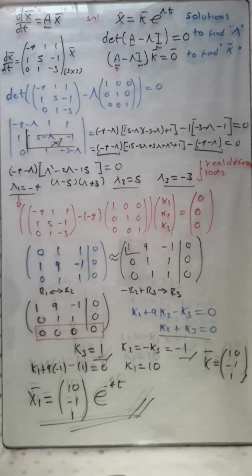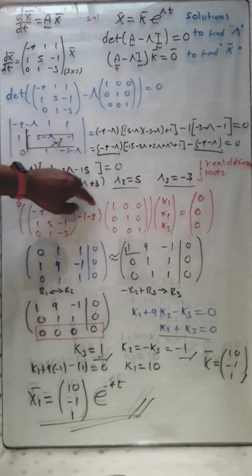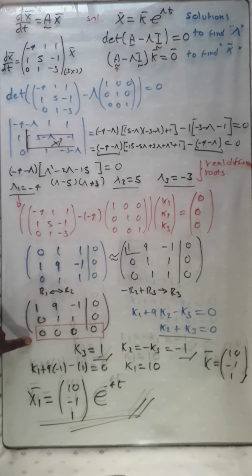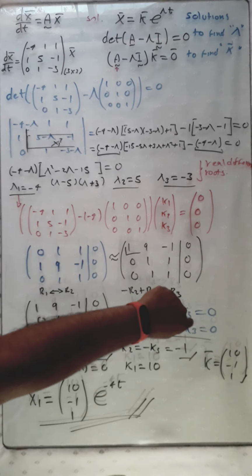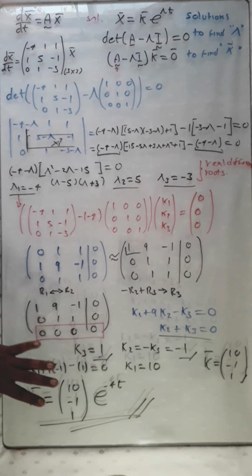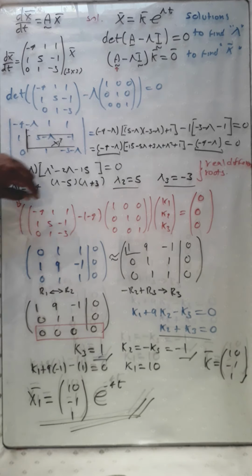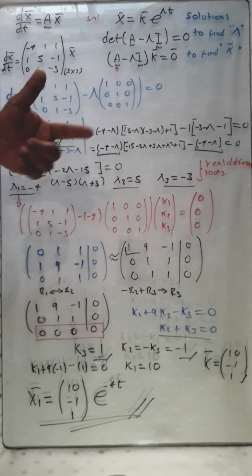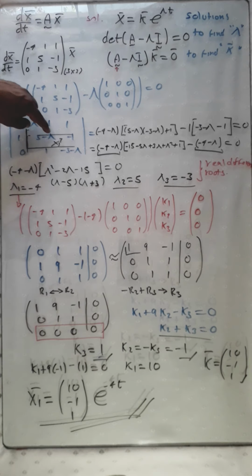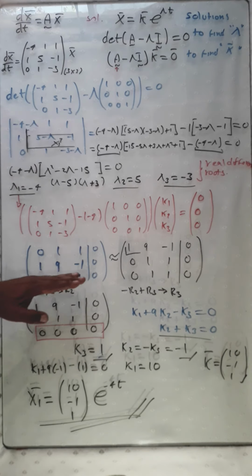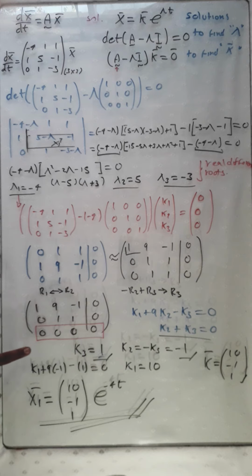So you will choose here 5, and then you have the equations, and this should happen again, and then you choose a value of one of the k's to get the vector. And then again the process, but now with lambda equal to minus 3, so you replace the value of minus 3 here. The only thing that changes is the value here, and then you make the step matrix, and you should get this again. If you don't get this row of zeros, then you did something wrong.